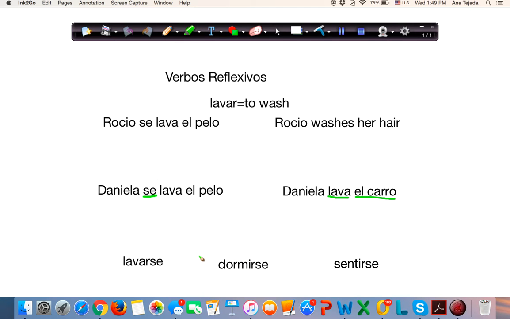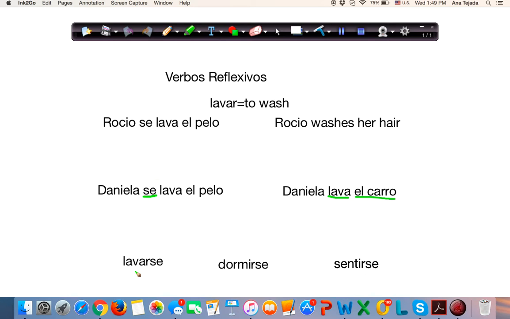How can we identify reflexive verbs? Well, reflexive verbs are easy to identify in the infinitive form. Why? Because we have the verb in its infinitive form, lavar, ending in ar, dormir, and then sentir, ending in ir. Remember that our verbs can end in ar, er, or ir.